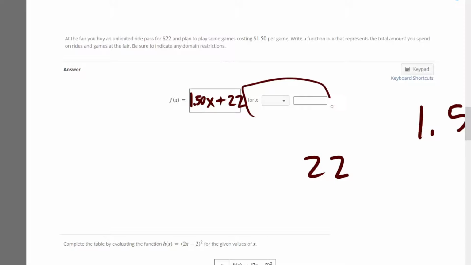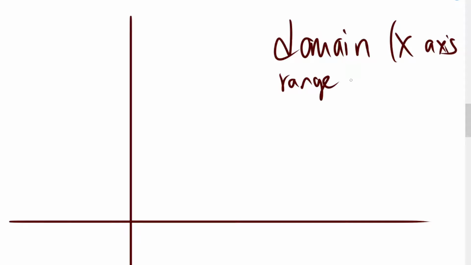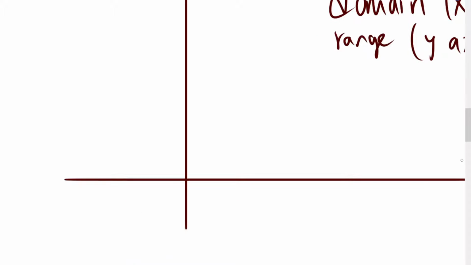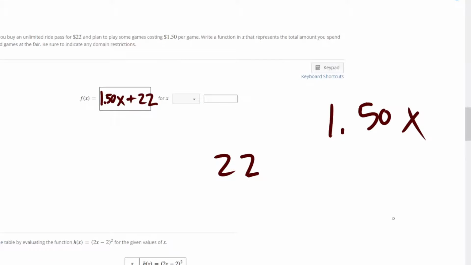And this here is telling us to indicate domain restrictions. Now, when we're talking about range and domain, we're basically saying what are the limits of our graph? Domain deals with the x-axis, and range deals with the y-axis. Now, in our carnival example, you cannot buy negative games.